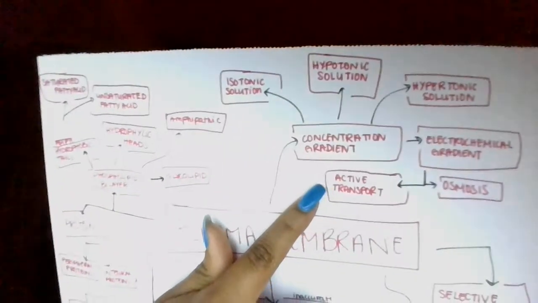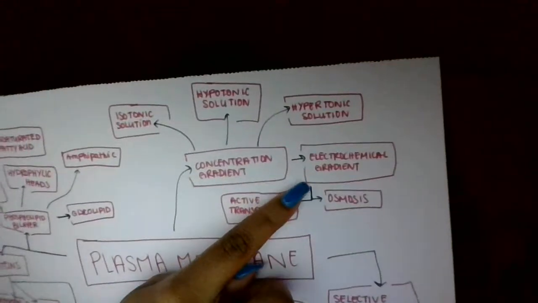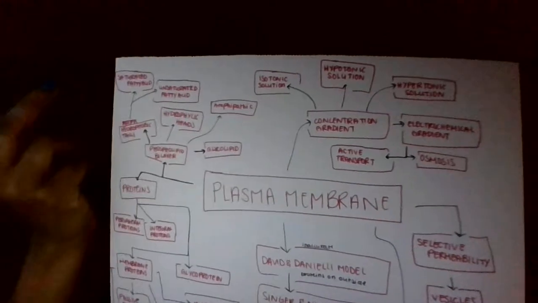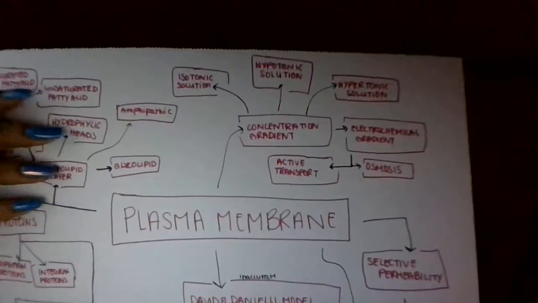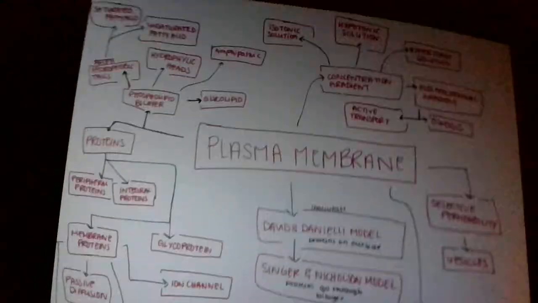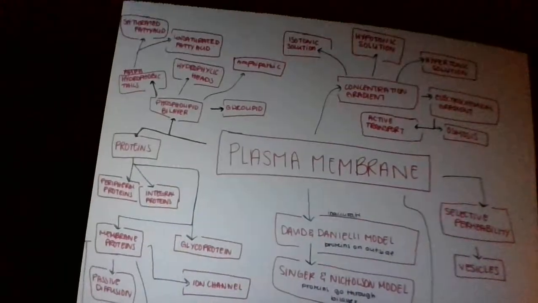It's not on here, but what would also be a part of this electrochemical gradient is simple diffusion. This just means particles move from an area of high concentration to an area of low concentration. So basically just the opposite of osmosis and active transport, but they're very similar.